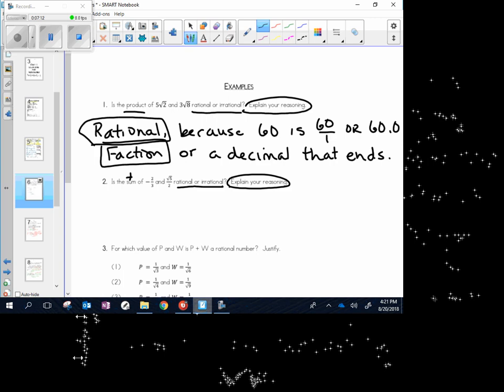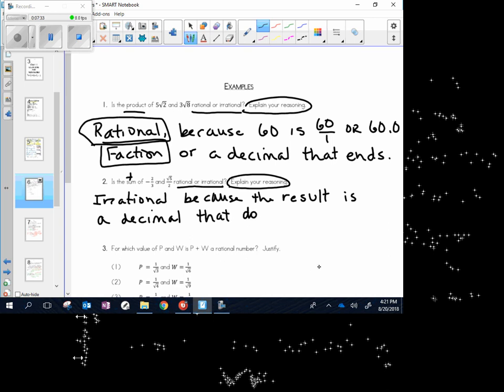So I'm going to say irrational because the result, that's what I got when I added, is a decimal that doesn't end, and you gotta have both parts, it doesn't repeat a pattern.